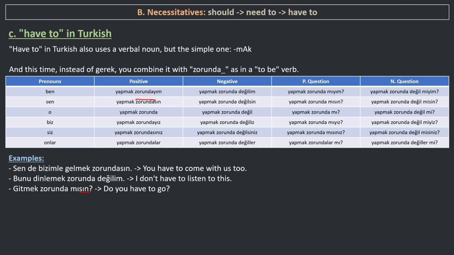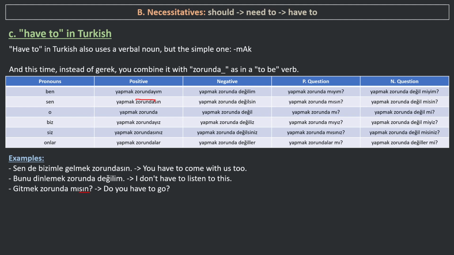And yıkamak, to wash. So I have to wash the laundry. I'm still translating things literally. Don't worry about the natural feeling in English. Her hafta, every week. Every week I have to wash the laundry.